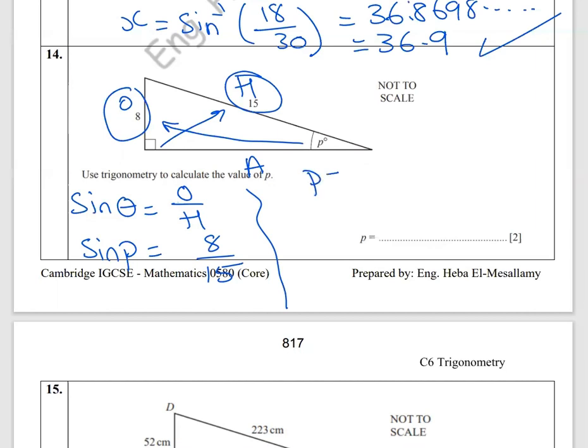So this means P equals inverse sine 8 over 15. On the calculator, shift sine and just type 8 over 15, close the bracket. You will get 32.2 rounded to 1 decimal place.